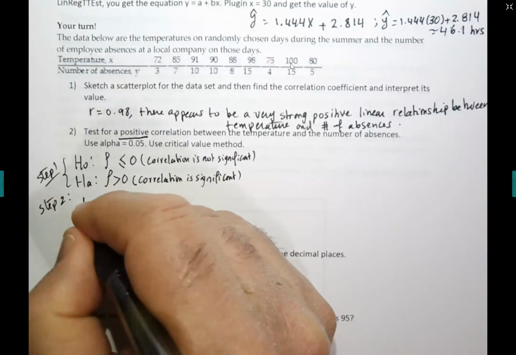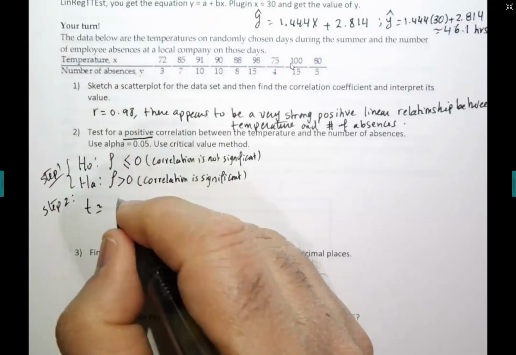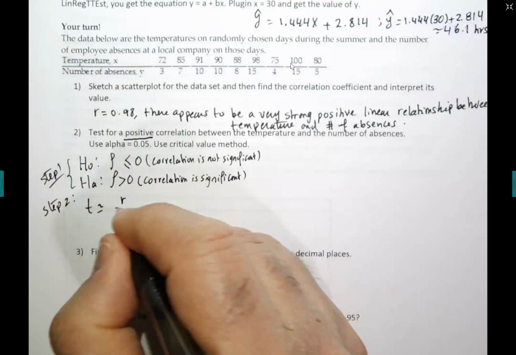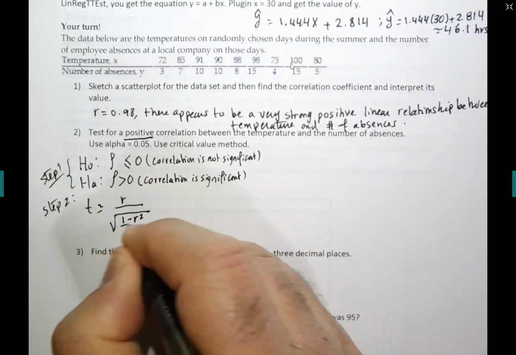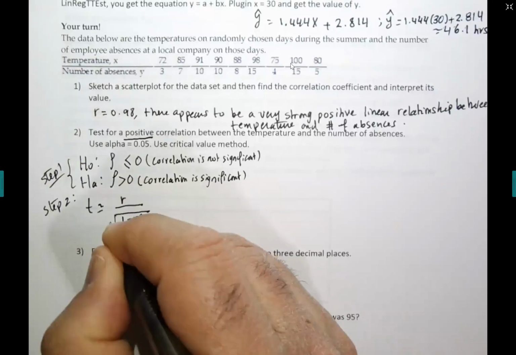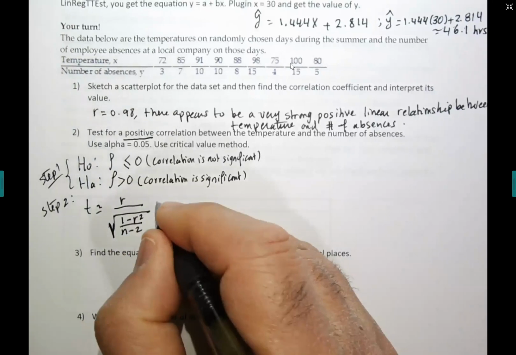Test statistic, T. This is the formula. If I wanted to use this formula, I will provide it to you guys. But actually, you have access to it as well. But I want to make sure that you can do the algebra to find T, just to appreciate the calculator more when you see how much work you have to do, and the calculator can do it in no time.